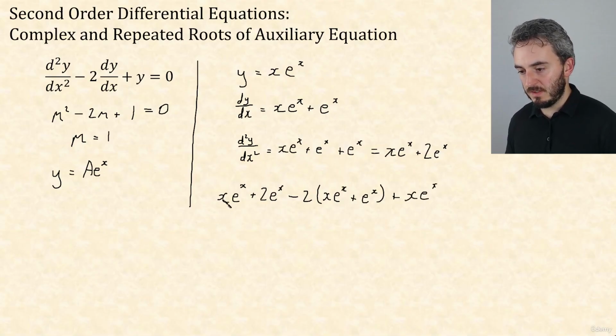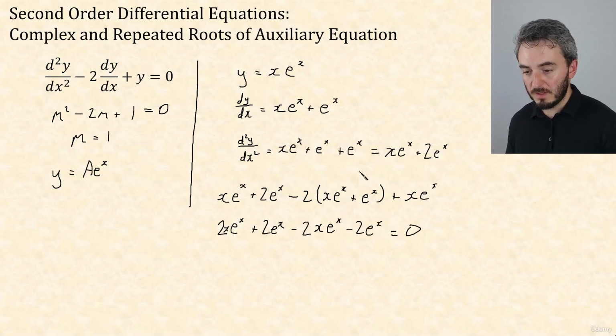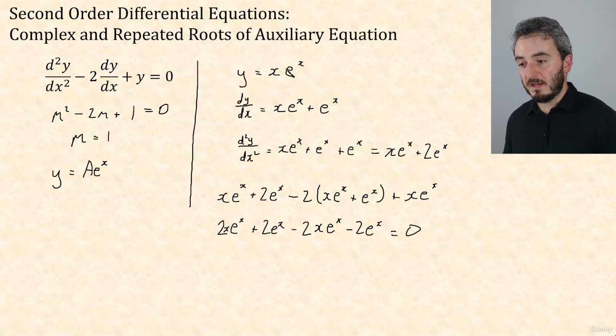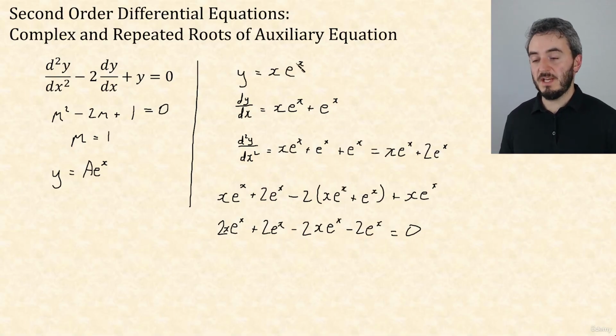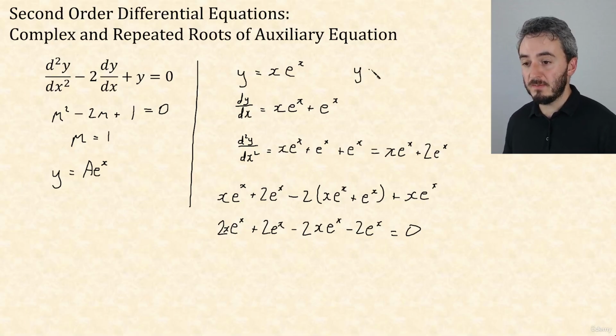Well, it's x e to the x plus 2e to the x plus 2x e to the x, that's this one and this one added, plus 2e to the x, and expanding this we get minus 2x e to the x and minus 2e to the x, and that's 0. So x e to the x also satisfies this differential equation, and in fact it could have been any multiple of that. It could have been any number b times x e to the x.